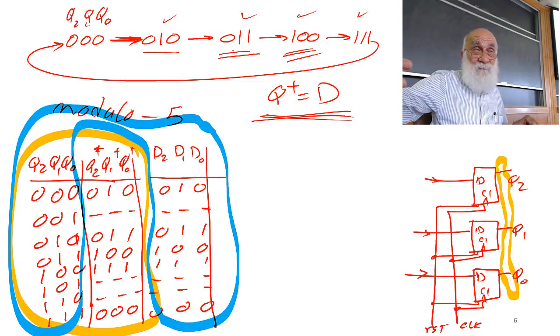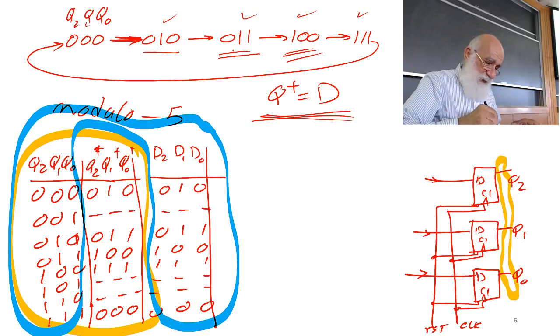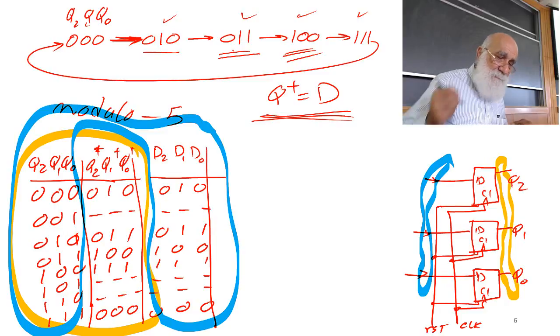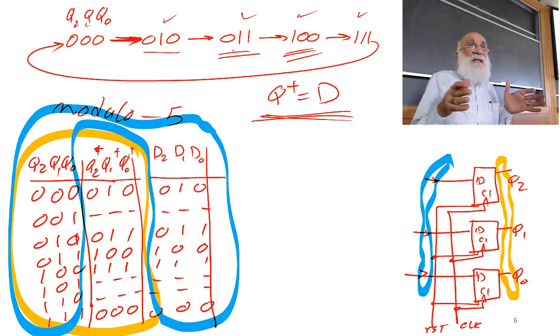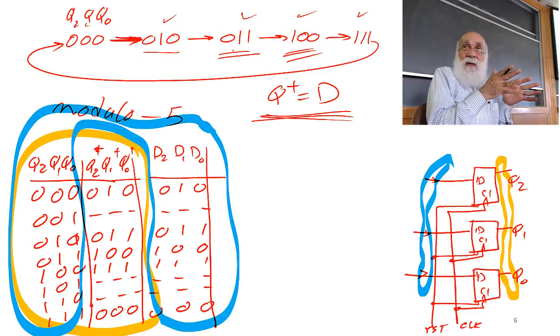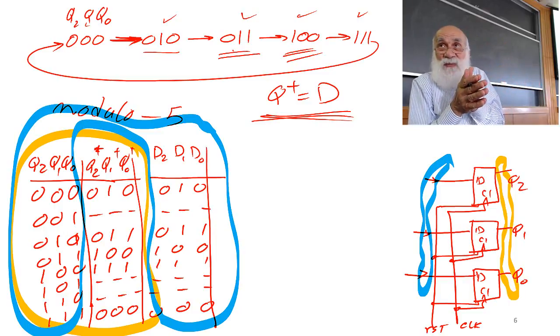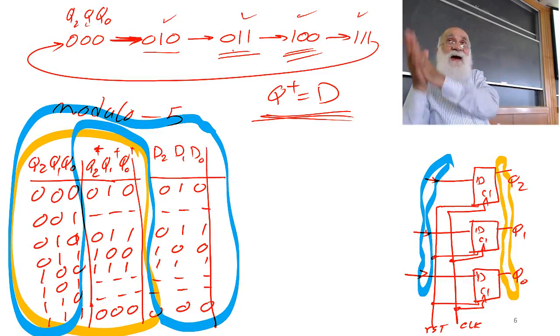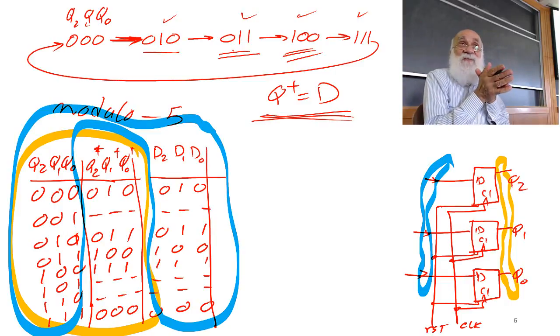Next, on the other hand, excitation tables are describing this. Okay? What it means is going from transition table to the excitation table, I came from the output of the flip-flop to the input of the flip-flop.